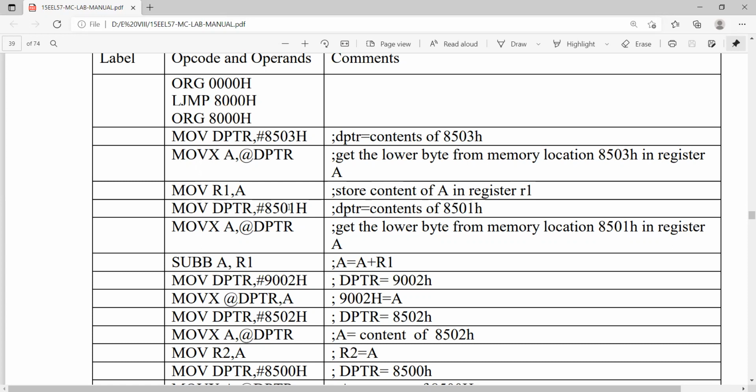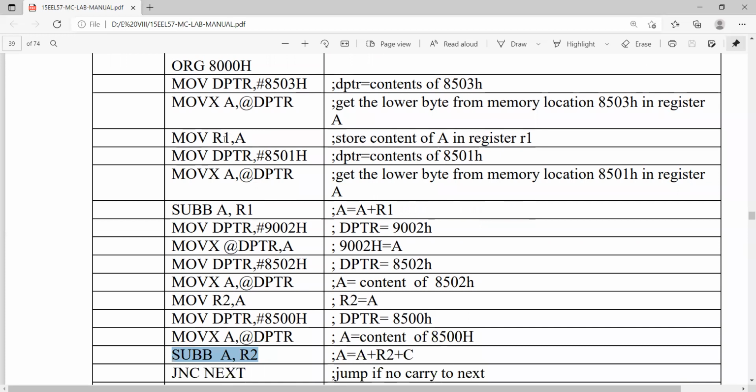So 8501, 8502, 8503, 8504: 4 locations are required because it is a 16-bit subtraction. One byte is for one memory location, and 16-bit data means it has 2 bytes. So 2 locations are required. 8501 and 8502 are the 2 bytes of one data, and 8503 and 8504 are the other data.